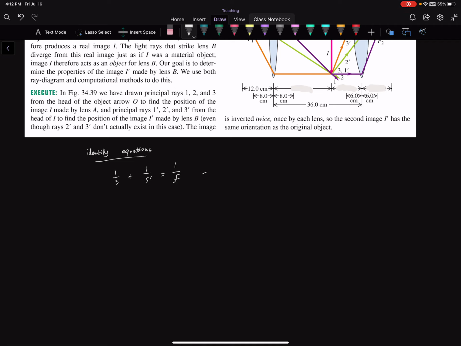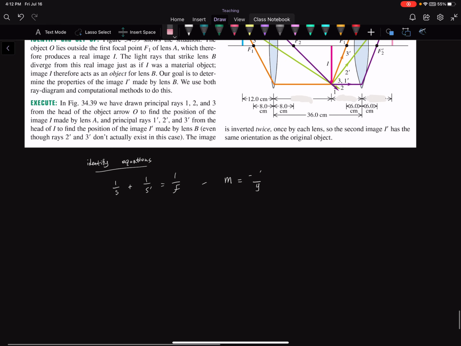We're going to use the magnification equation for a thin lens, which is negative y prime over y, right? And that's, it's supposed to be s prime over s.